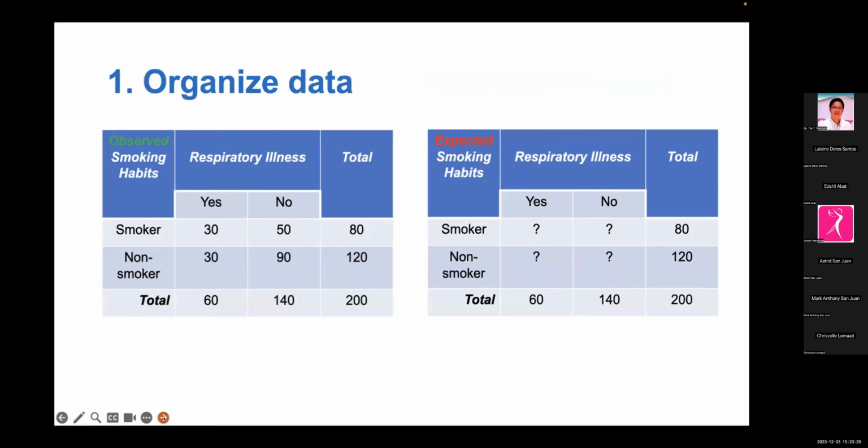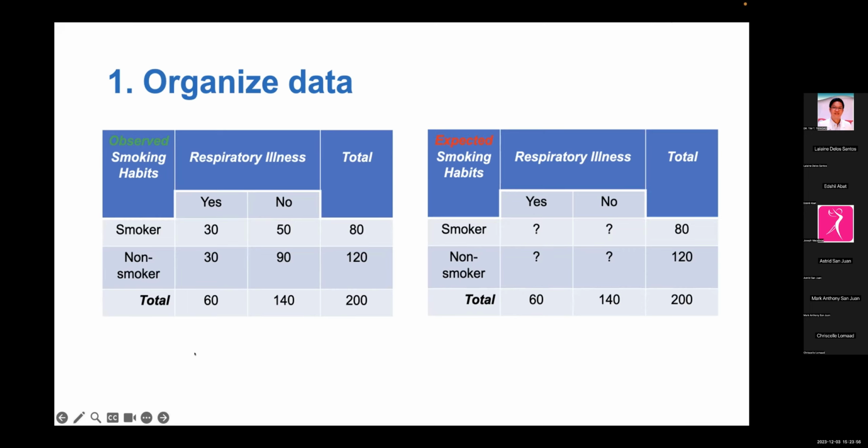So the first thing that you have to do is make a contingency table. The observed table, the contingency table, that's what you saw. So those were the data that will be represented. What is lacking here is the expected data. This means these are the expectations if we count the smokers who will develop respiratory illness and not.